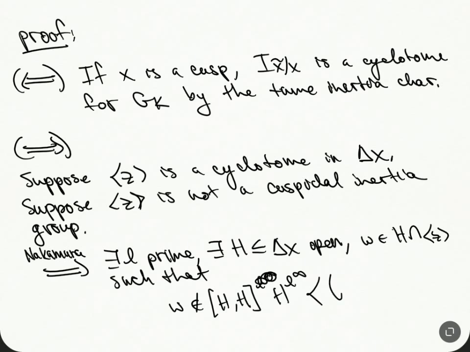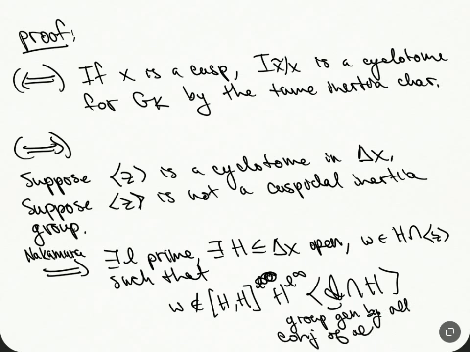So let's call this script I intersect H. This is the group generated by all conjugates of all inertias, so inertia groups of cusps.